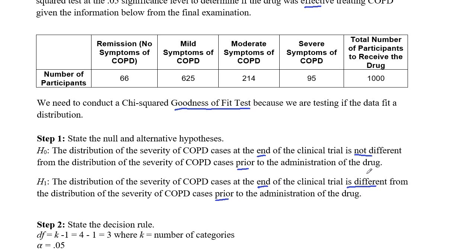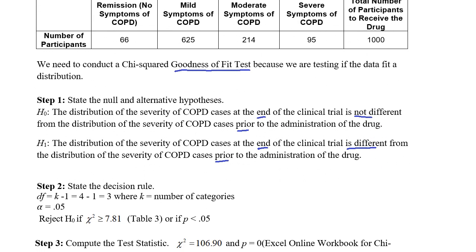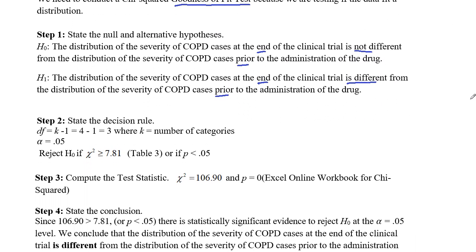Step 2, we're going to state our decision rule. So our degrees of freedom here are going to be k minus 1, where k is the number of groups. So 4 minus 1, 3. And then alpha is 0.05. And if you look in table 3 in the appendix, we're going to reject H0 if chi-squared is greater than 7.81.